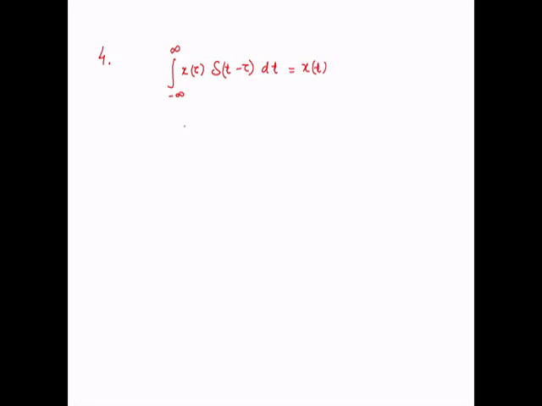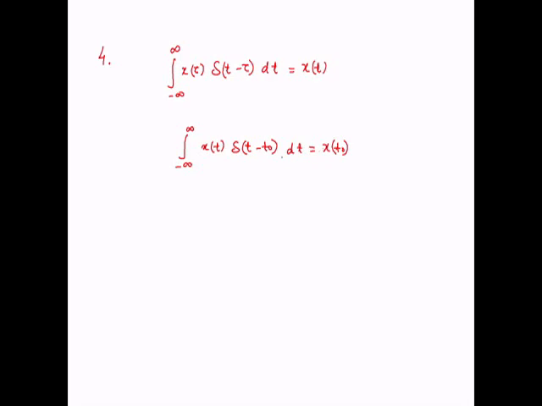The last identity we are having, we are just going to rewrite that, that is integration of minus infinity to infinity x(t) delta(t minus t naught) dt is equal to x(t naught).